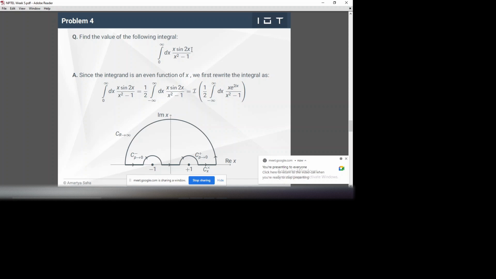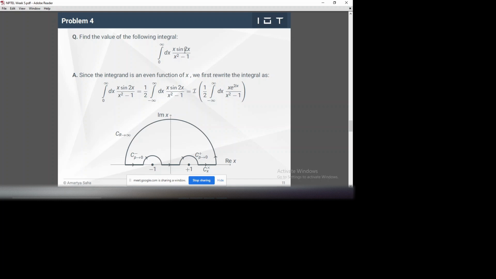So again we have to calculate this integral. Again this is a real integral, and again x runs from 0 to plus infinity. So again we do the usual trick, and we can do that because x sine 2x is an even function. x is an odd function, sine 2x is an odd function and their multiplication is an even function, and x squared minus 1 is already an even function.